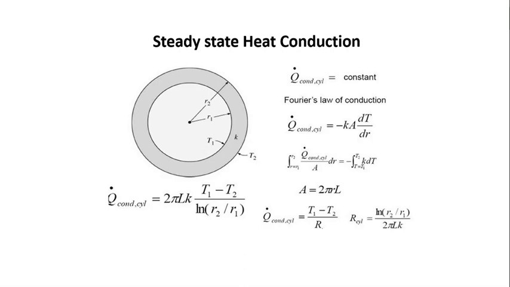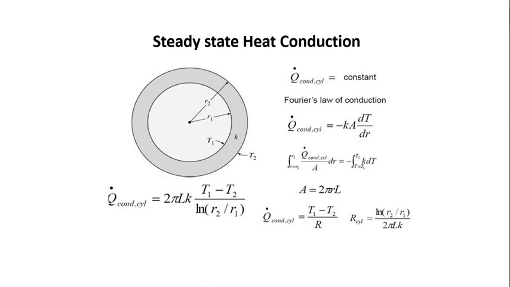By solving all of this, we get the formulation Q conduction is equal to 2 pi L k (T1 minus T2) divided by ln r2 by r1. The general formulation for Q conduction is equal to delta T overall divided by summation of R. The delta T represents the difference between the initial and the final temperature.